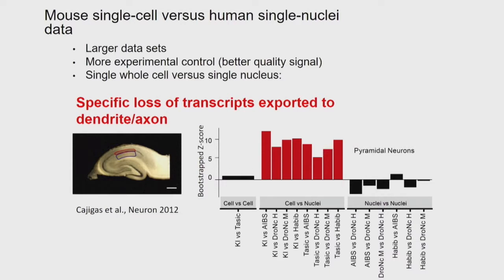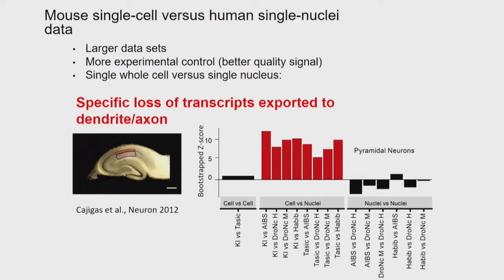If we compare the blue and the red one here, the red being the cell body, what we could show is that if you compare two cell versus cell data sets, you actually see no difference. But if you compare all the data sets that we could find for whole cell versus those that had whole nuclei, we see a very selective depletion of the transcripts that go out into the dendrites and axons.